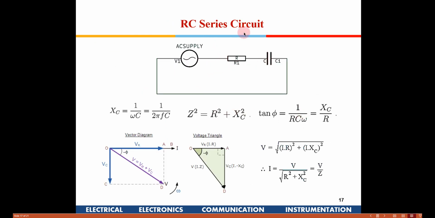Again, the series RC circuit is a special case of the RLC circuit where we don't have L out here. Now there is a current which will flow here. The voltage across the resistance will be in sync with the current, so they will not have any phase difference, whereas the voltage across the capacitor will now lag by 90 degrees, since the current in the capacitor leads, or in other words, the voltage across the capacitor is going to lag the current by 90 degrees.